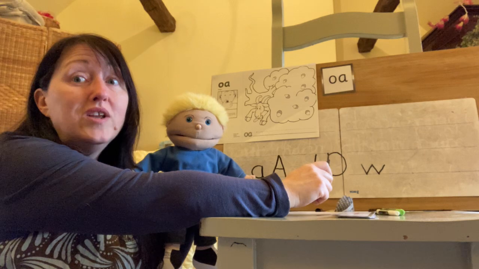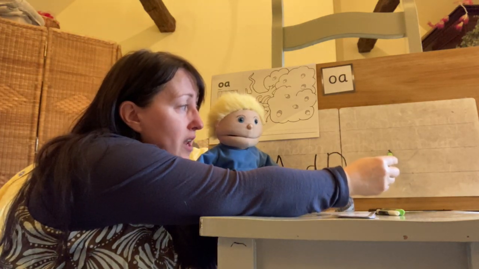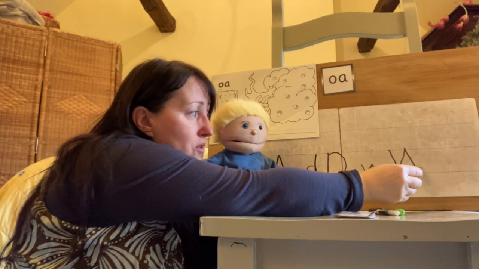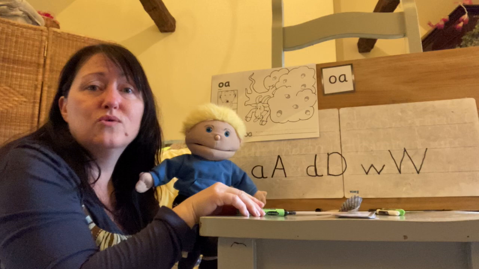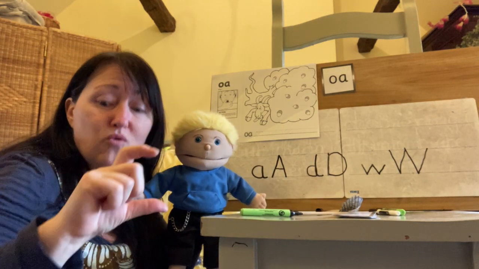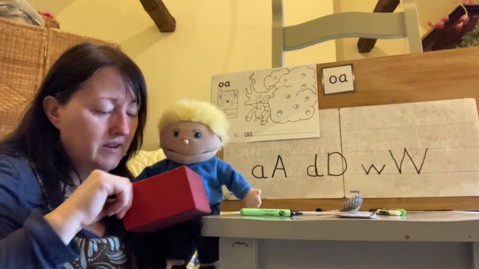But remember, when you're writing a capital, it has to fill both of those lines. So start at the top of the line, you come down to the other line. Up, down, up. So it fills the lines. That space between the lines is filled with a capital letter. Right. Last one then.